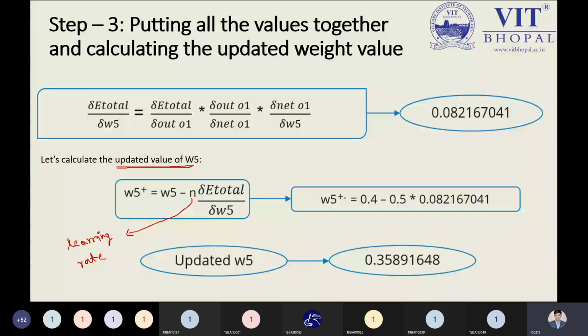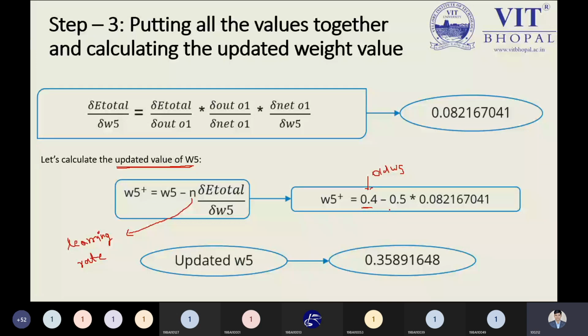So W5 plus is equal to 0.4, that was our old weight, the old W5 value, as I showed you a few minutes ago.